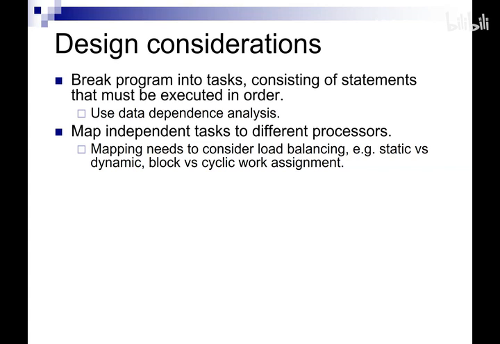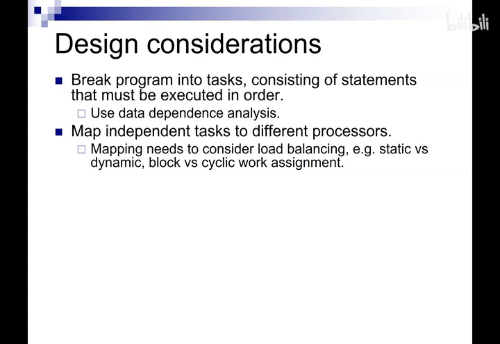We said that we want the tasks to be independent, and so we need to figure out what the dependency is between the different statements. To do that, we're going to use something called dependence analysis, which I'll show you later on. Using this dependence analysis, you can determine what kind of tasks you want to form. You want to form independent tasks.